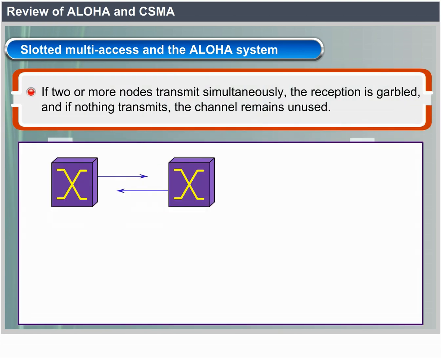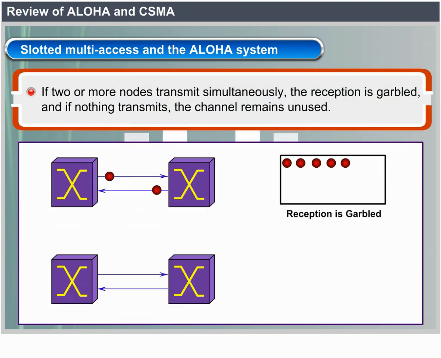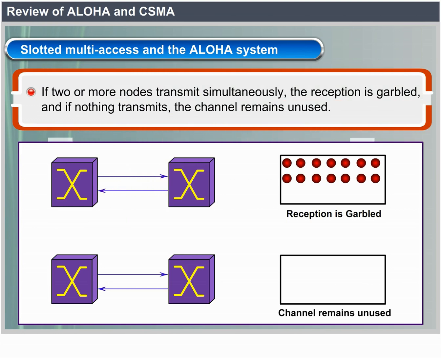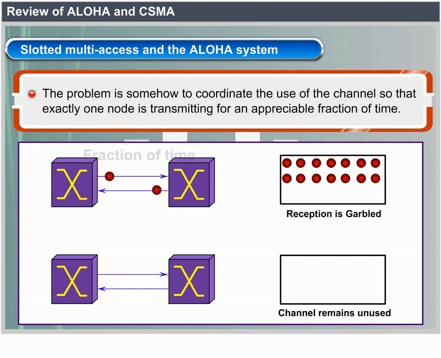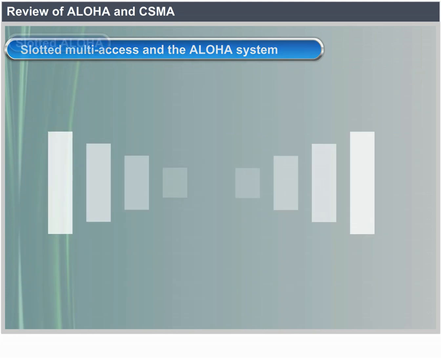If two or more nodes transmit simultaneously, the reception is garbled, and if none transmit, the channel is unused. The problem is somehow to coordinate the use of the channel so that exactly one node is transmitting for an appreciable fraction of time.